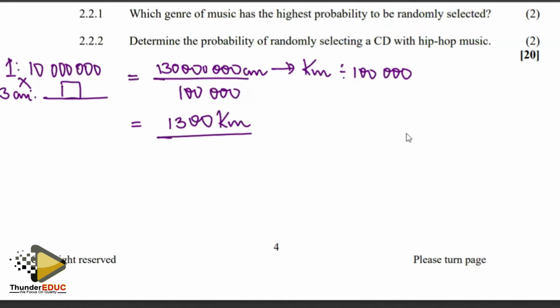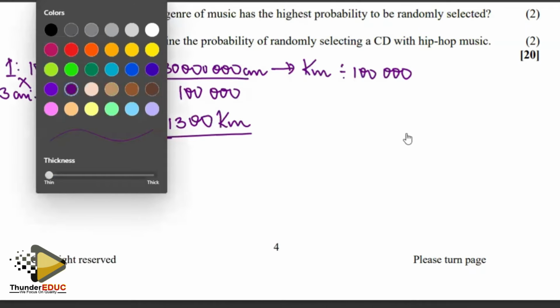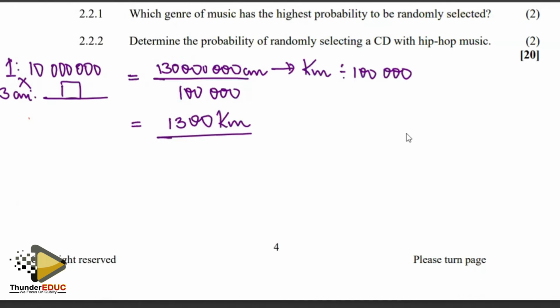I would like to look at how it was marked. Let's see how it was marked. Multiplying 13 times the 10 million, you get a mark.